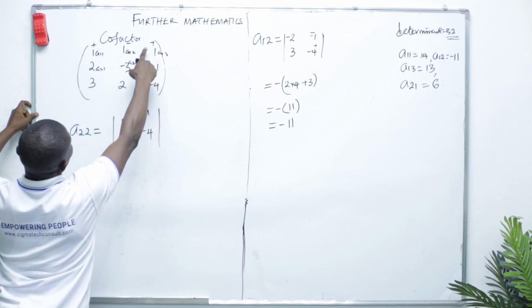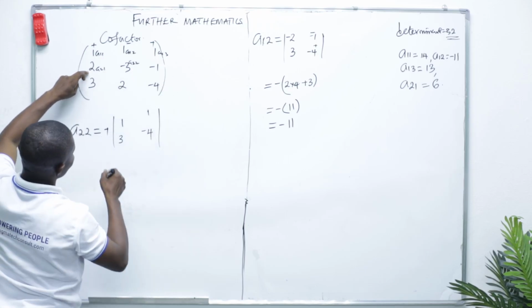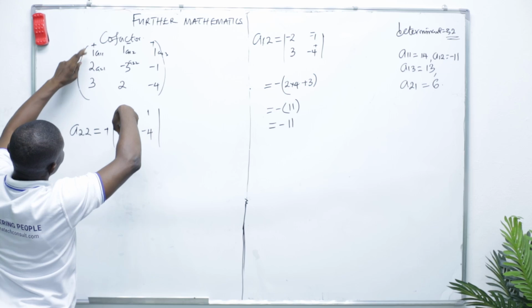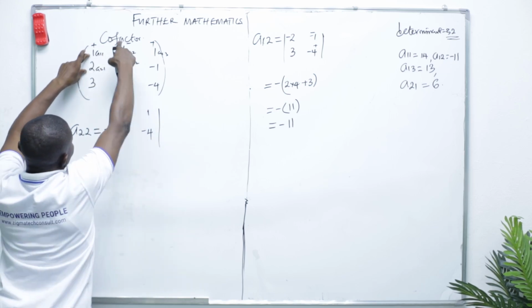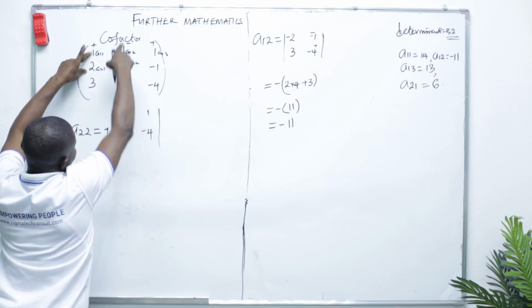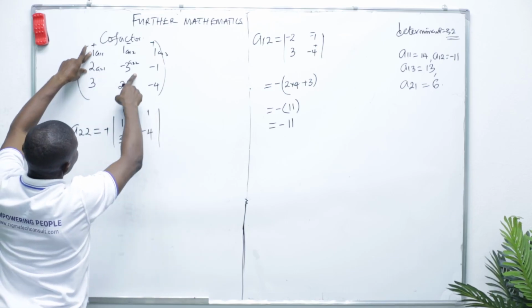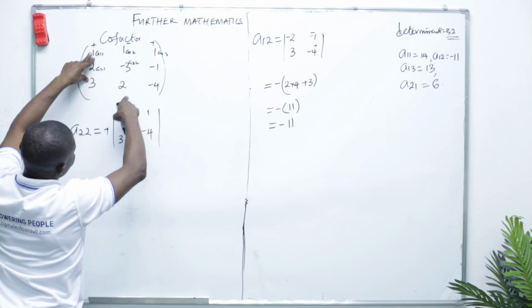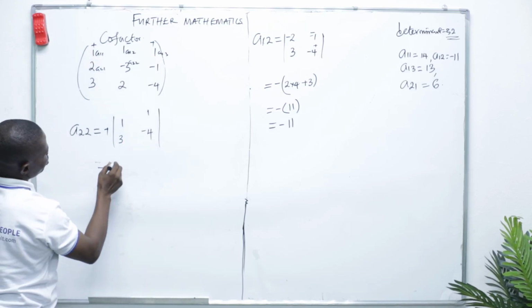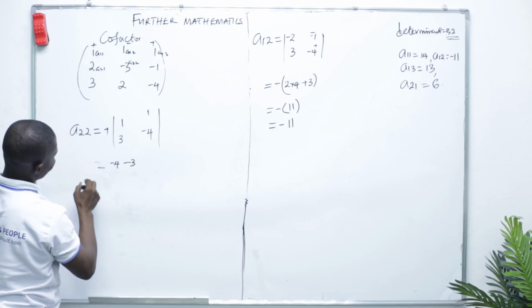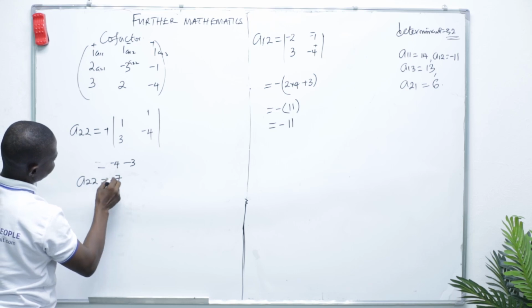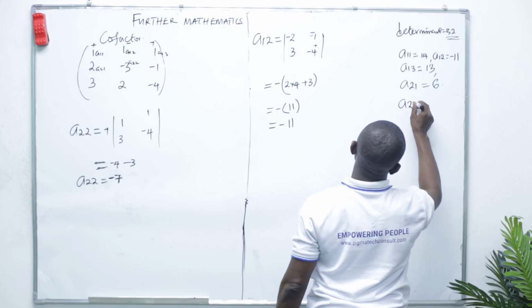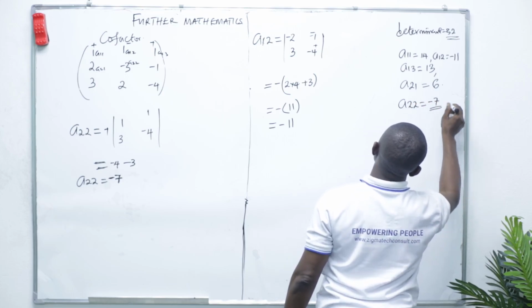With the signs plus, minus, plus, this will give us minus 4 minus 3. A22 equals minus 7.